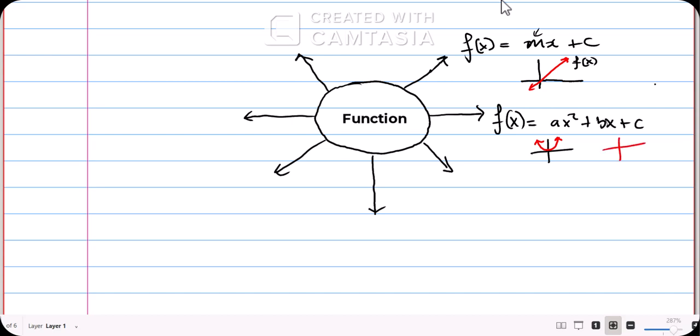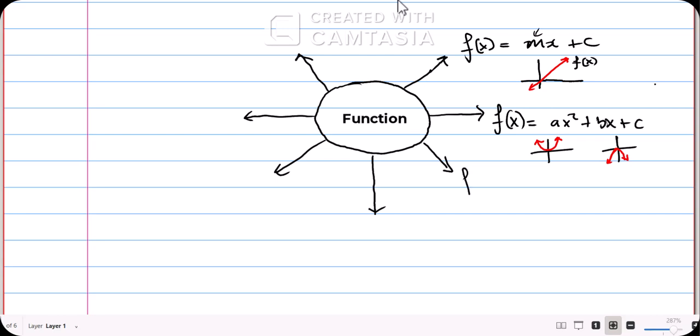We can also have this. Let me erase this part. So we can have something like this. We are going to go through the functions, but this is just the introduction.